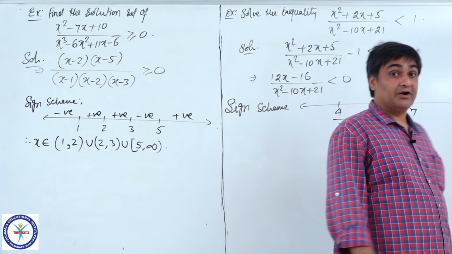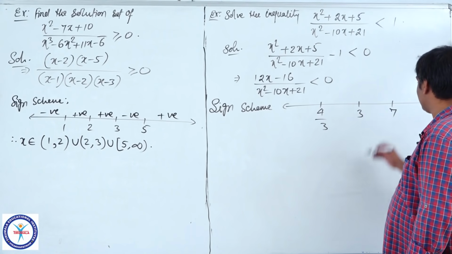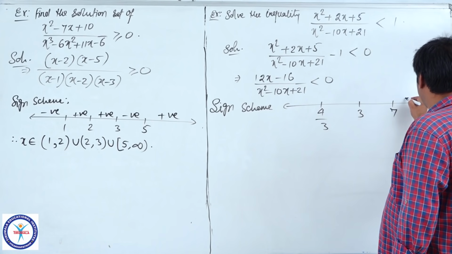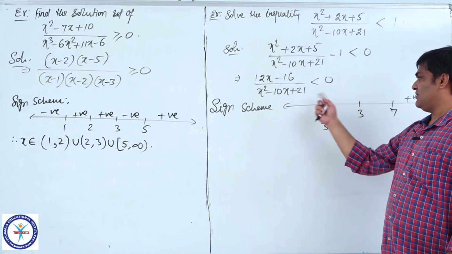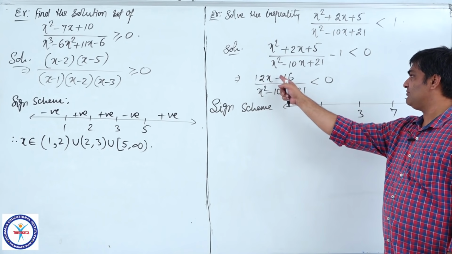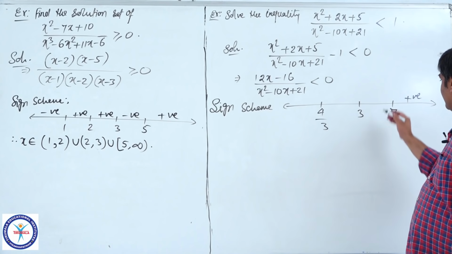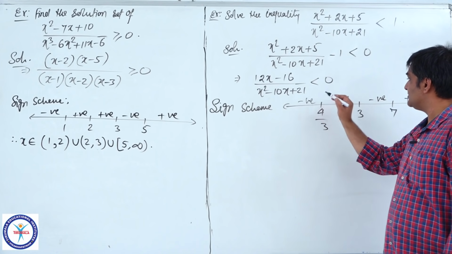Put x equal to 100, or you can put a 0 also, don't worry about that. X equal to 100, clearly this expression will be positive. Cross 7, 3, 7, 4 by 3, all are 1 time, all are odd times. So sign will always change.